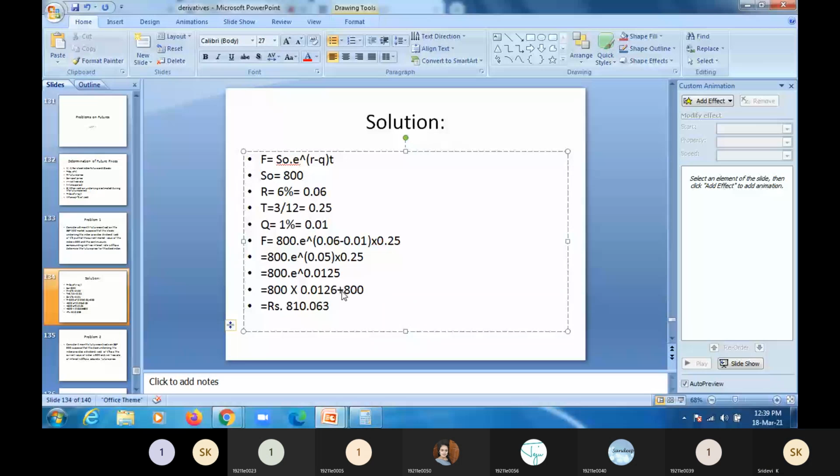Is that clear? Okay, ma'am. This is how you calculate the futures value.